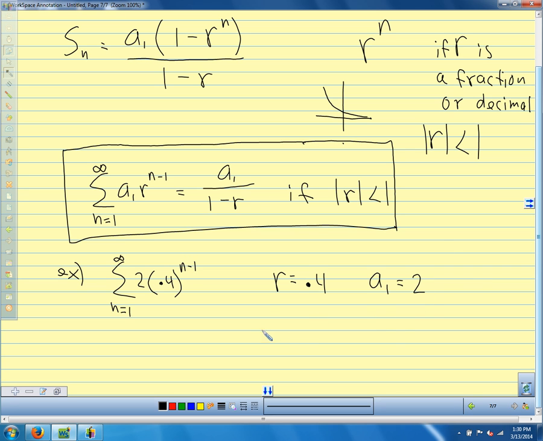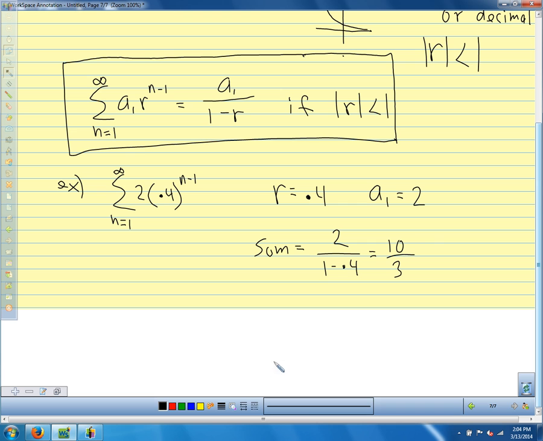So our sum equals 2 over 1 minus 0.4, and that equals 10/3. And we can leave it written as a fraction.